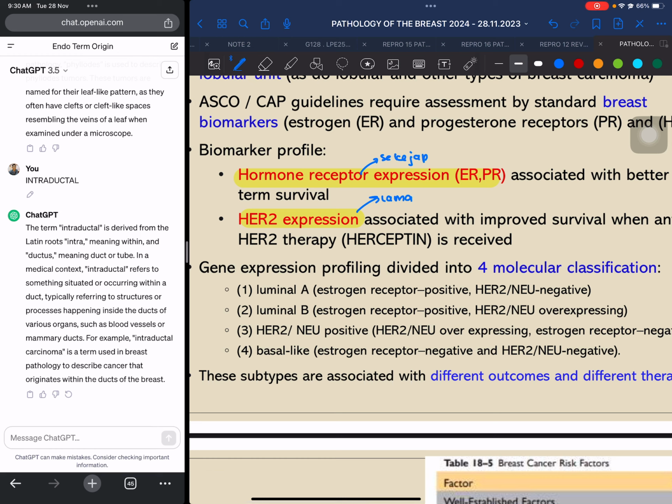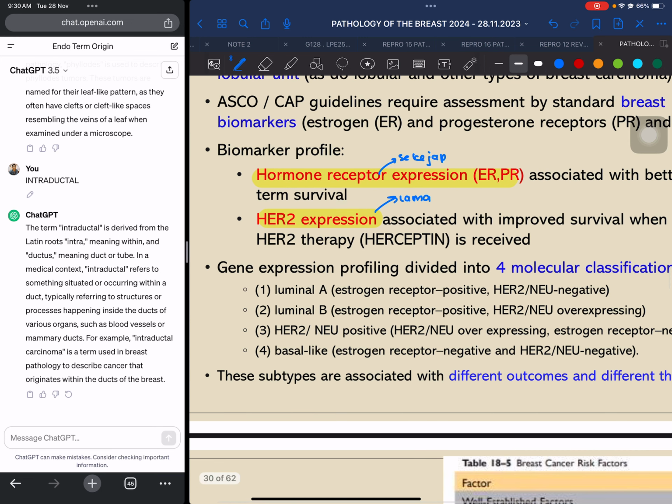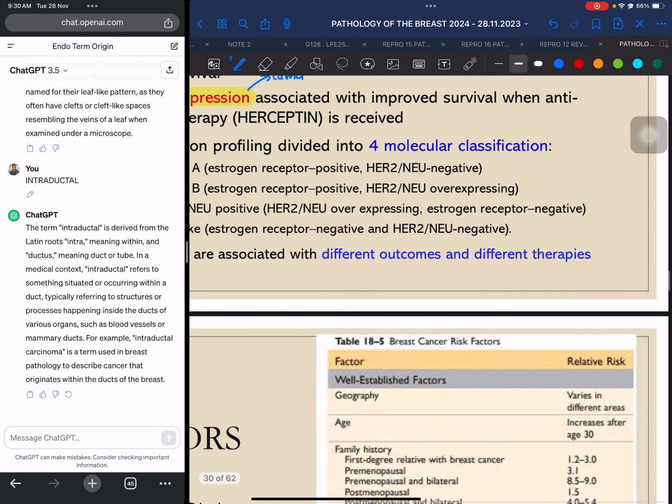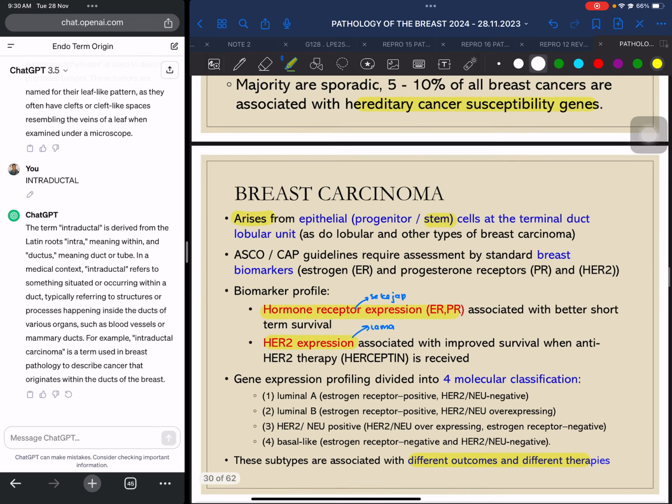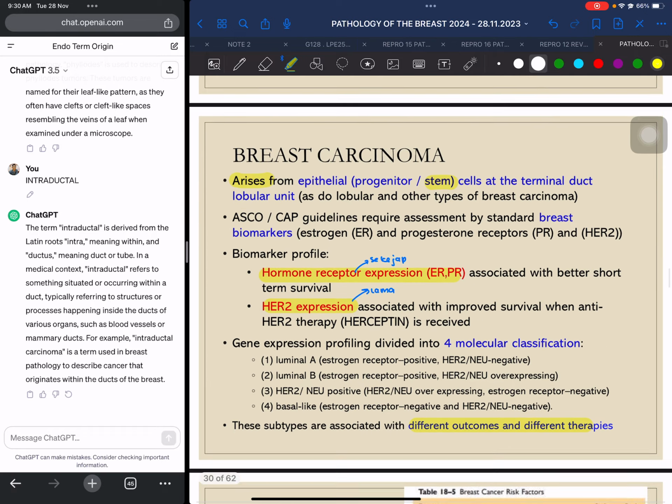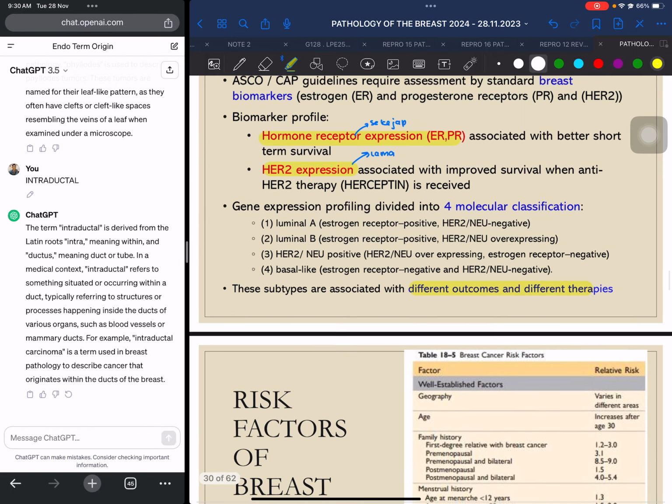The other marker that needs to be tested is the HER2 oncoprotein. If HER2 is positive, the patient can be treated with Herceptin.